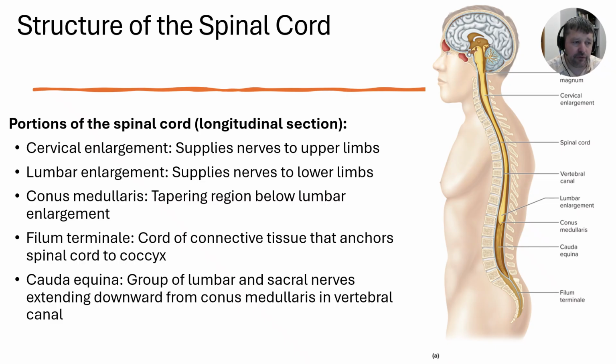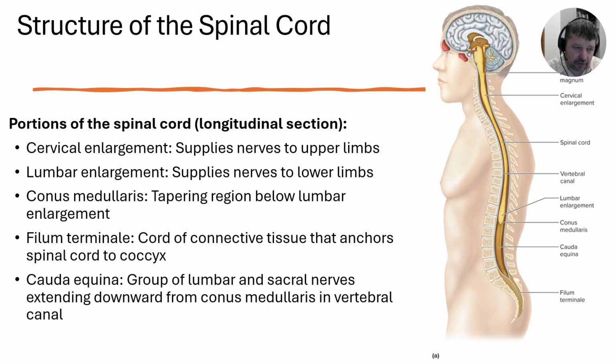The tapering region below the lumbar enlargement is called the conus medullaris, and that's really the end of the lumbar enlargement. The cauda equina are axons, nerve fibers that are being sent down into the coccyx region, into the last portions of the spine.